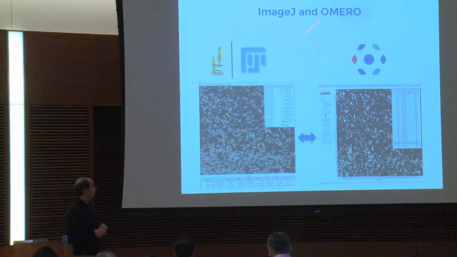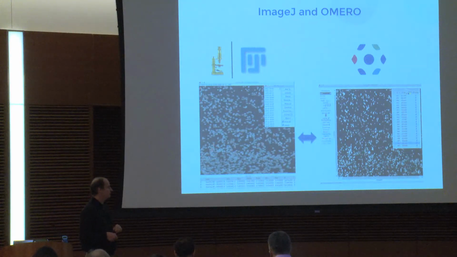And our plugin for ImageJ, the OMERO plugin for ImageJ, enables you with 2 clicks now to import the image with the associated regions of interest and the results into the OMERO server.